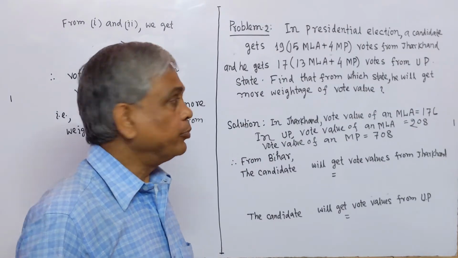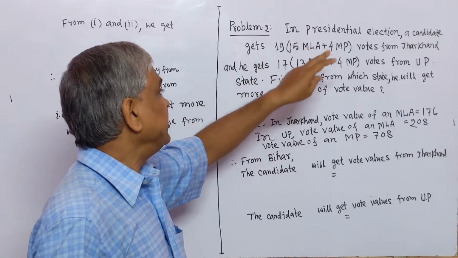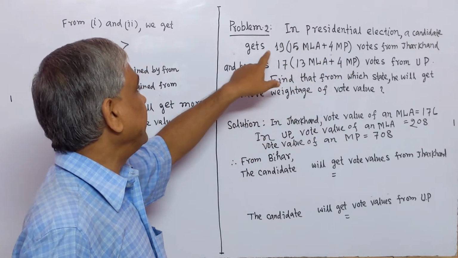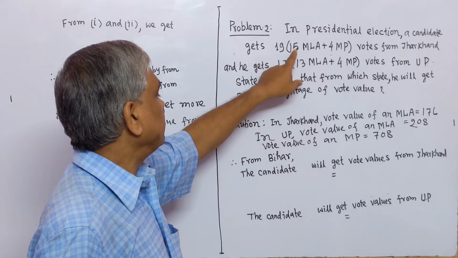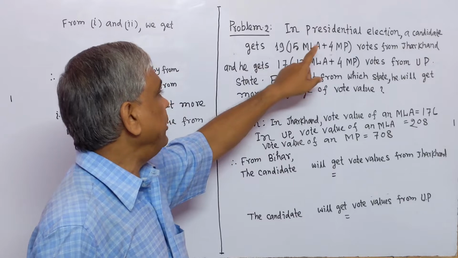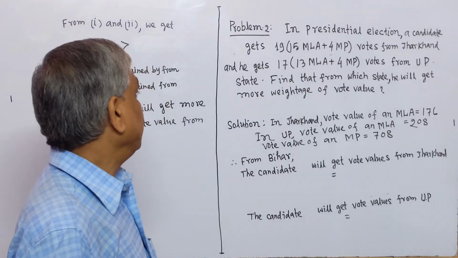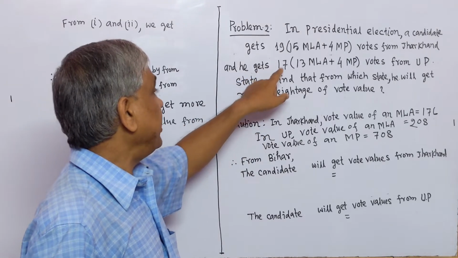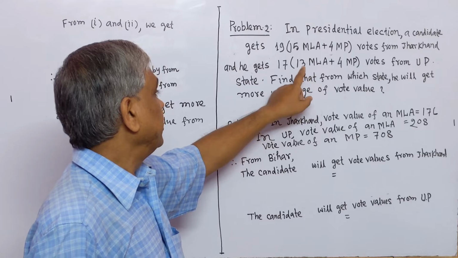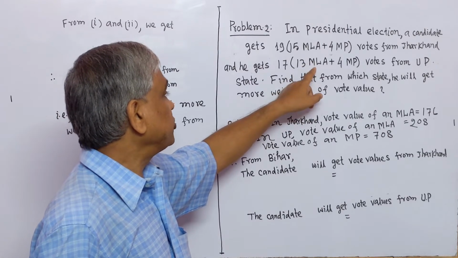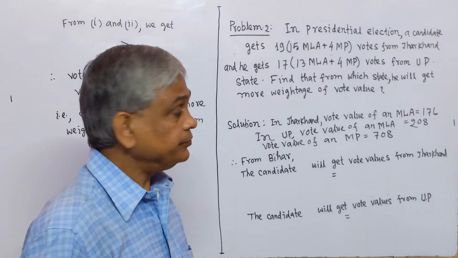Now we solve problem number 2. Problem is, in presidential election, a candidate gets 19 votes, in which the candidate gets 15 MLA votes and 4 MP votes from Jharkhand state, and he gets 17 votes, in which he gets 13 MLA votes and 4 MP votes from UP state.